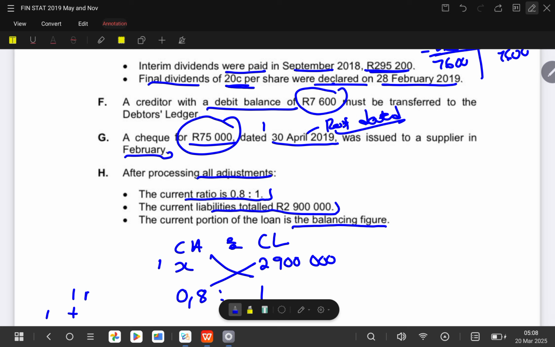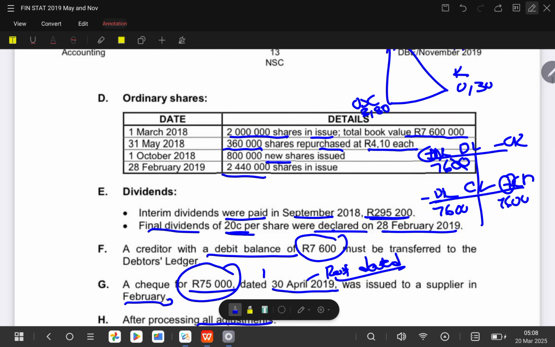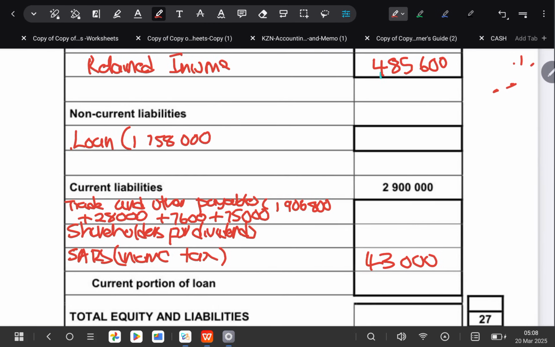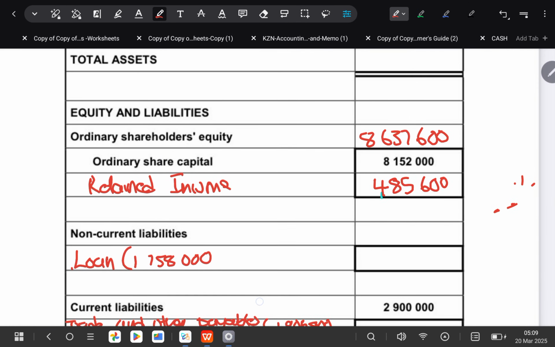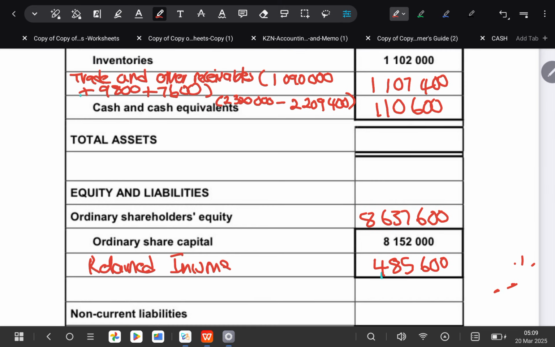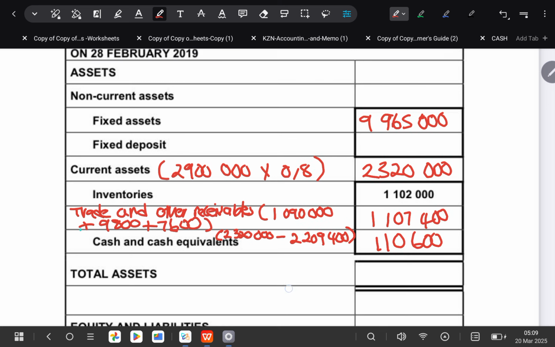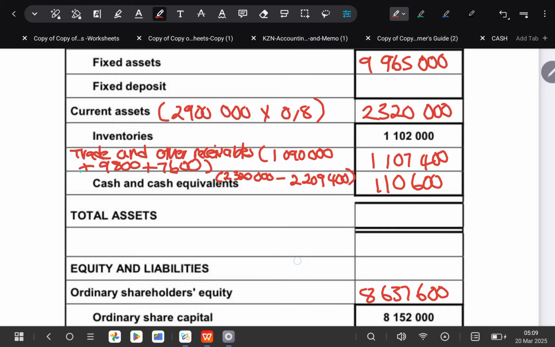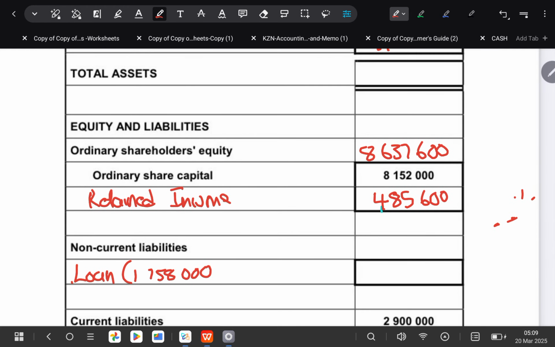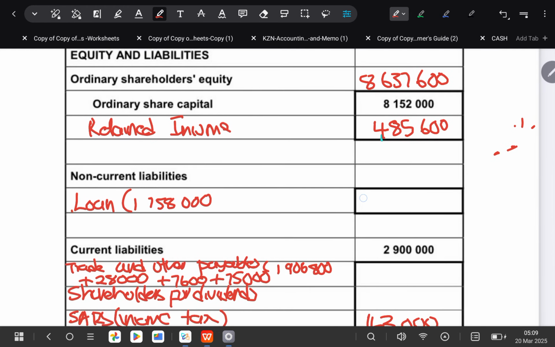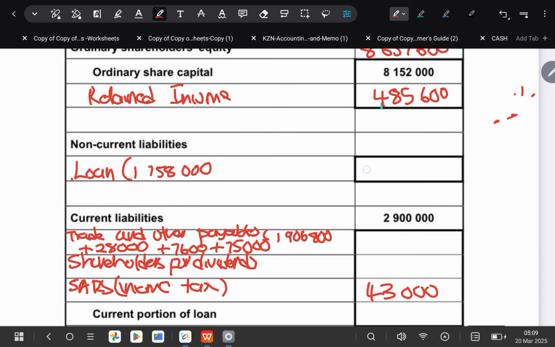So let's check if we have our current assets here. Retained income, we have it. We don't have our fixed deposit. Our shareholders equity is fine, loan is fine.